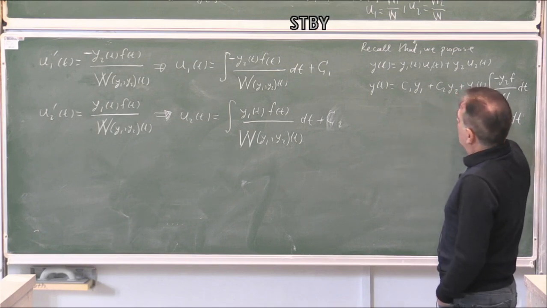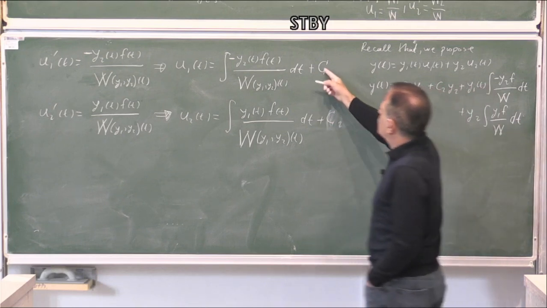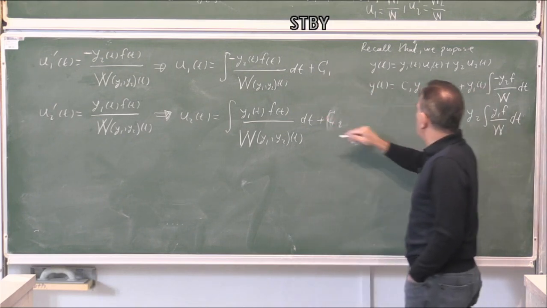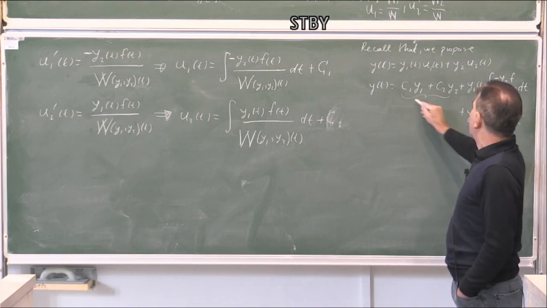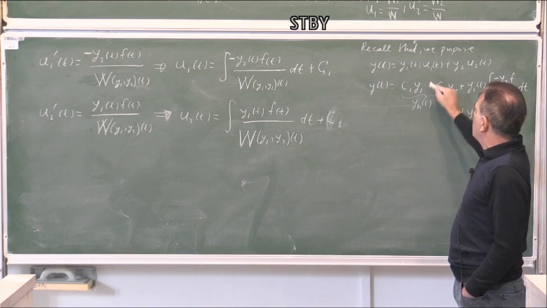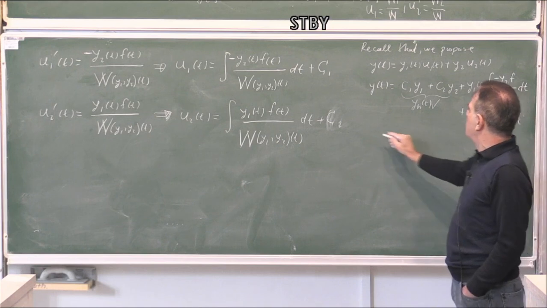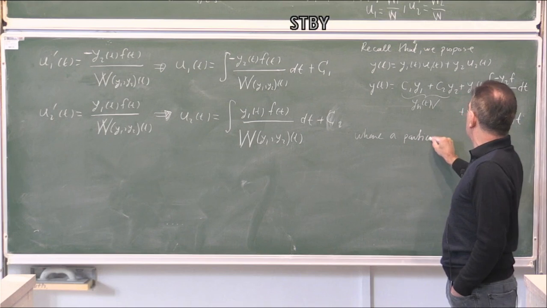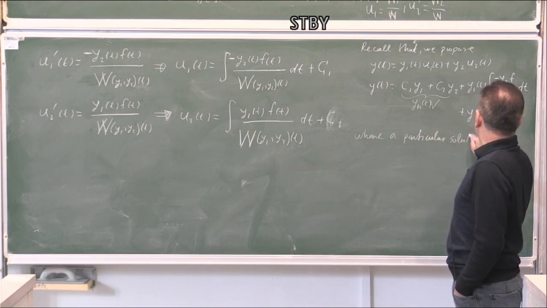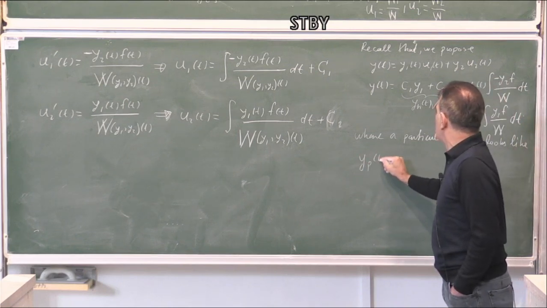So if you introduce arbitrary integration constants C1 and C2, you generate the general solution. This is nothing but the homogeneous solution, which is very well known. So since we are interested in a particular solution, in fact, a particular solution looks like this one.